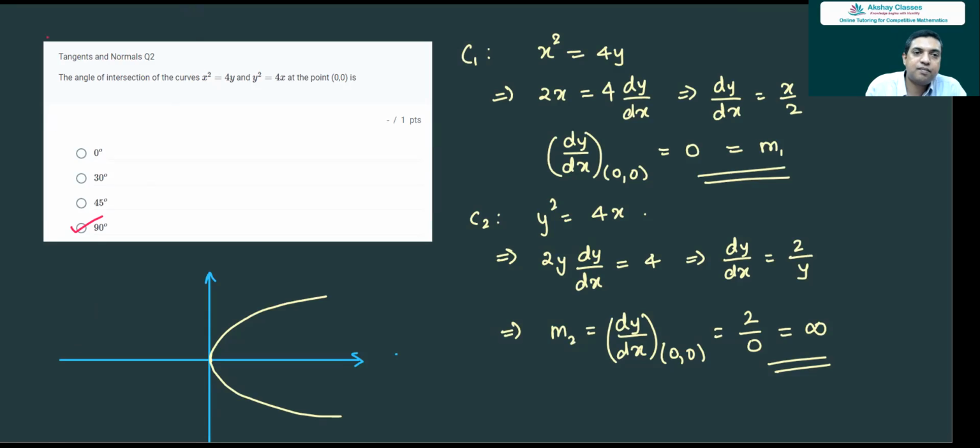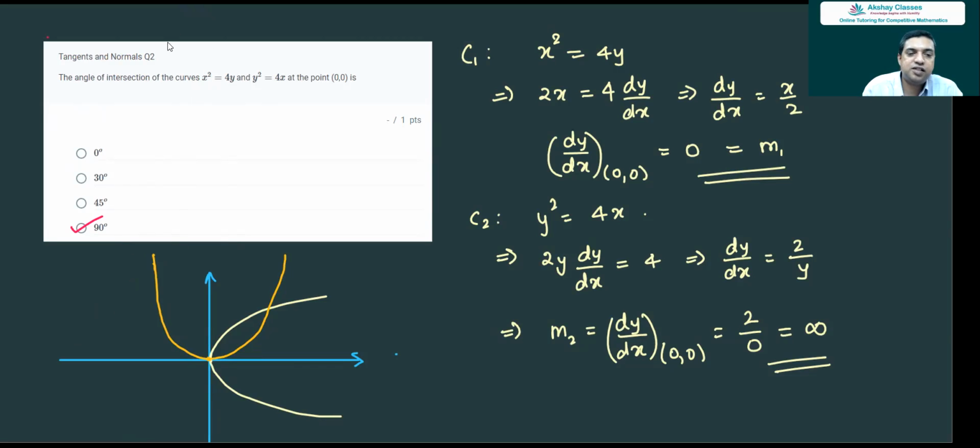And x square equal to 4y is a parabola like this. Okay, not accurately drawn, but yeah, this is the one.